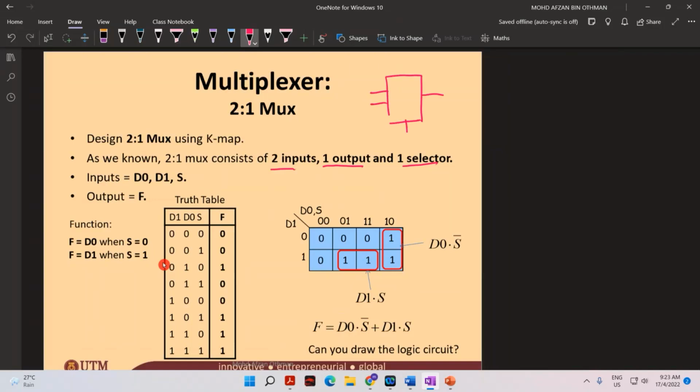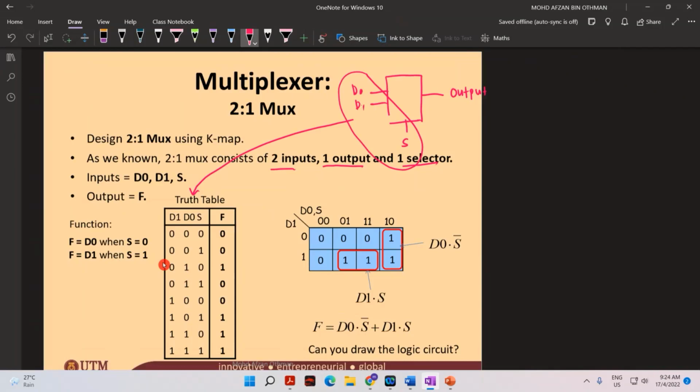So this is output, this is selector, and this is your input, D0 and D1. So this here, selector, D1 and D0 will become your input for the truth table. Selector, D1, D0 akan jadi input of your truth table. Meanwhile, output F ialah output.